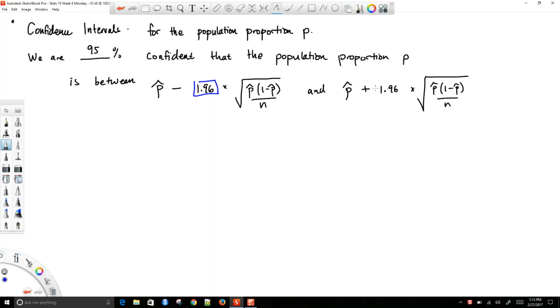I hope this looks familiar from Wednesday. And this number 1.96 corresponds to the value we use when we create a 95% confidence interval. And this number in the box is called our critical value z star.